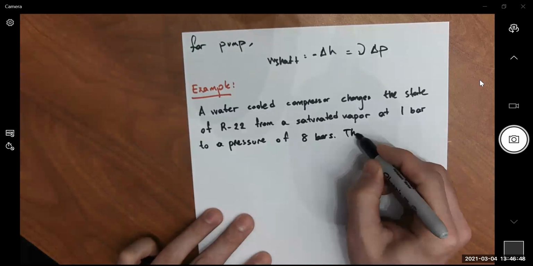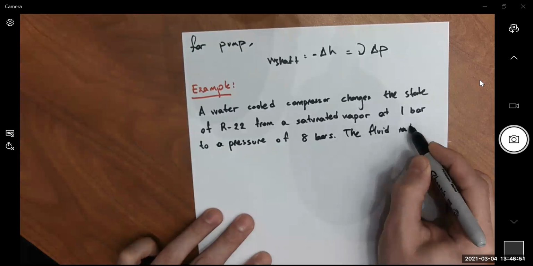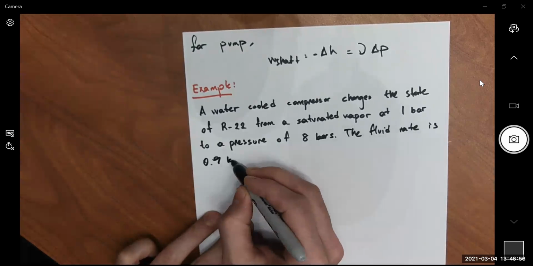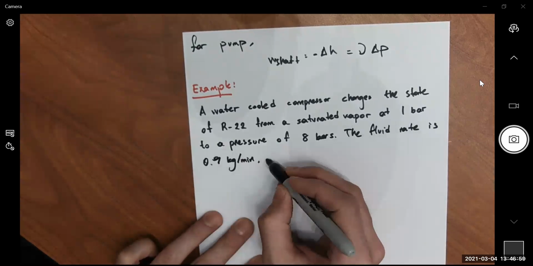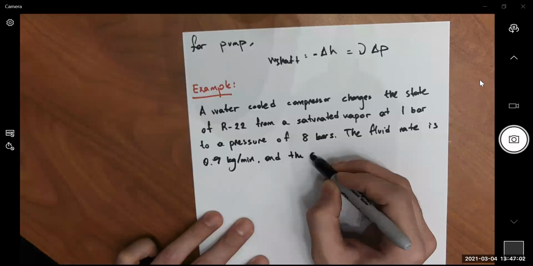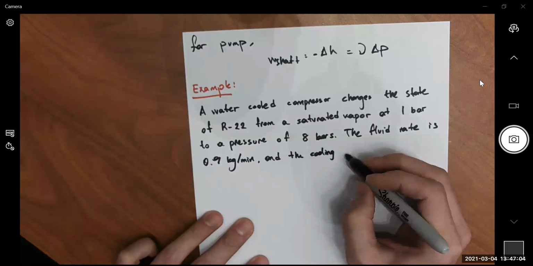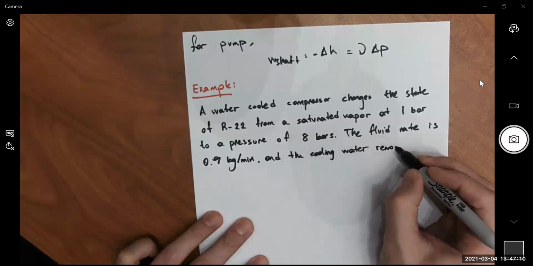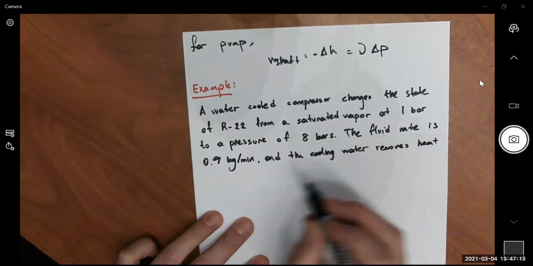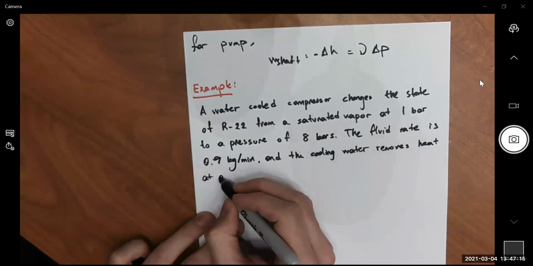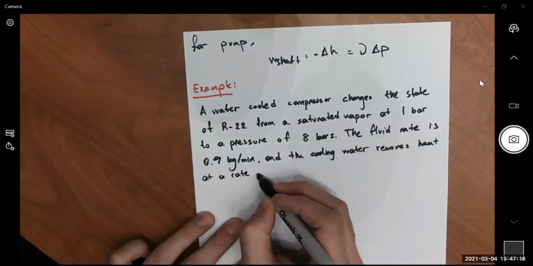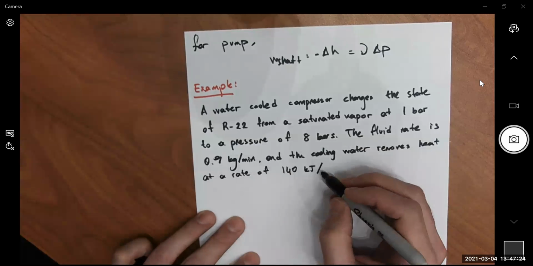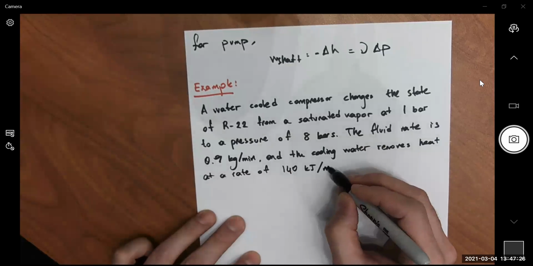The flow rate is 0.9 kilogram per minute, and the cooling water removes heat at a rate of 140 kilojoules per minute.